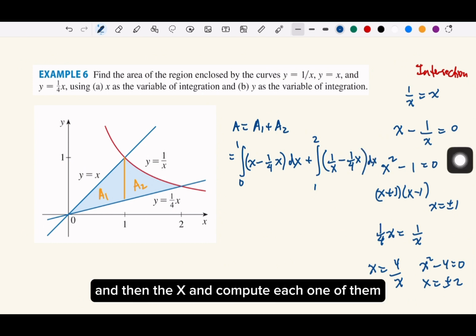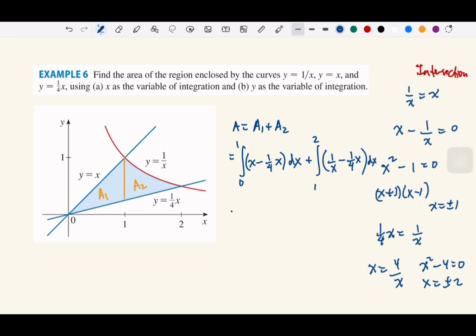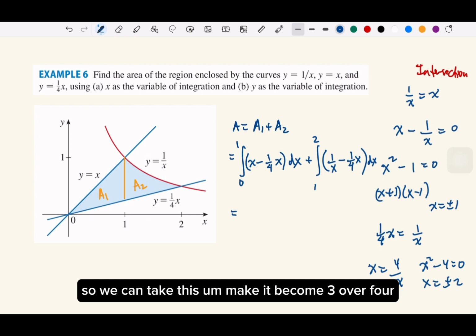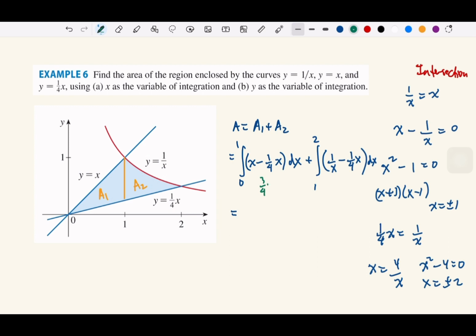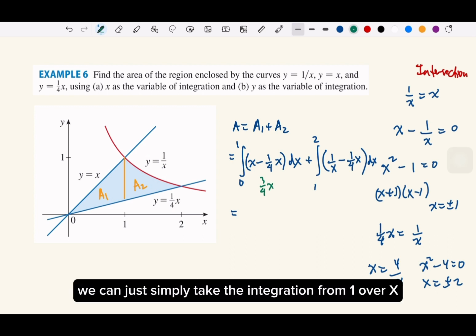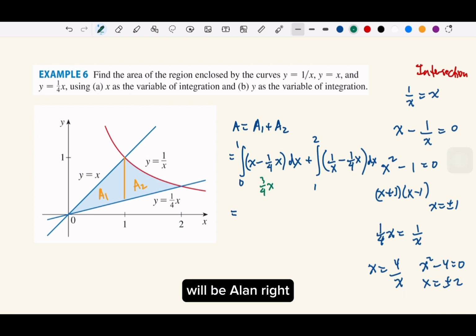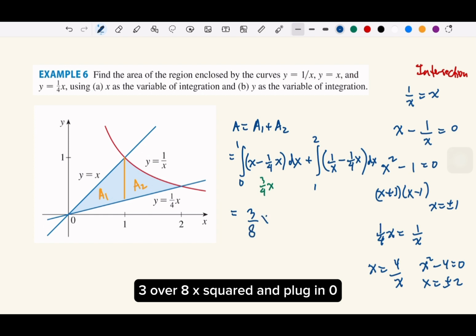And compute each one of them. We can take this, make it become 3 over 4. And the integral of 1 over x will be ln. So this will be 3 over 8 x squared, and then plug in 0 and 1.